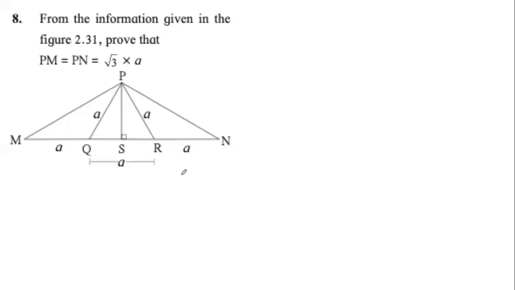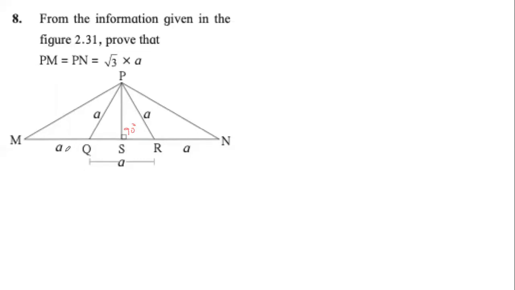Because of that, now we don't have just 1, 2, 3, 4 triangles. There are more such triangles. The good news for us is we already see PS perpendicular to MN. That is, we have a 90-degree angle.